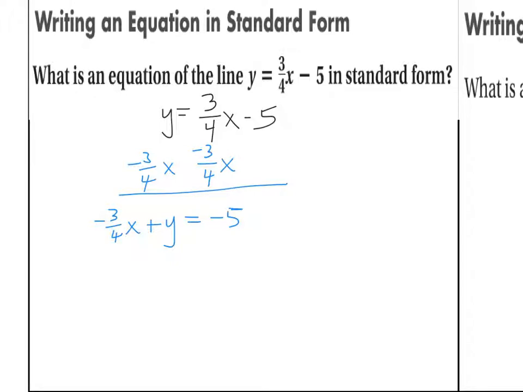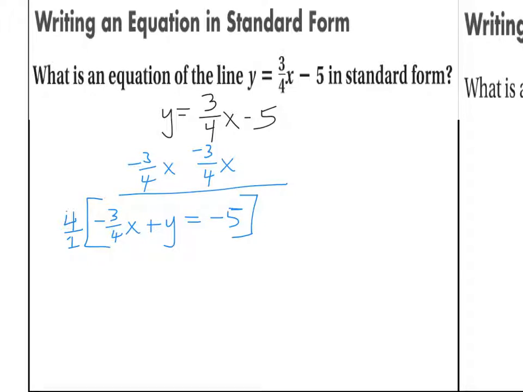Now, there's one problem that's left over. In this case, this a value, first of all, cannot be a fraction. So I'm going to have to get rid of that fraction. And a cannot be negative. A has to be a positive number. So what I'm going to do is multiply this entire equation by the bottom number on the fraction, or 4/1 in this case.